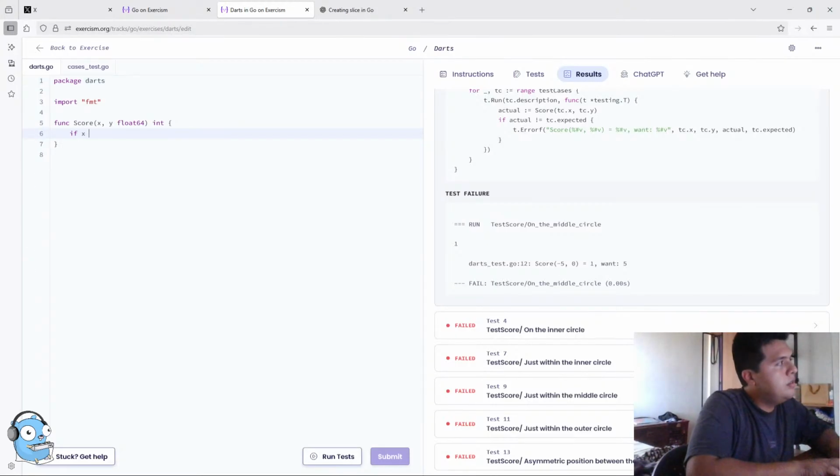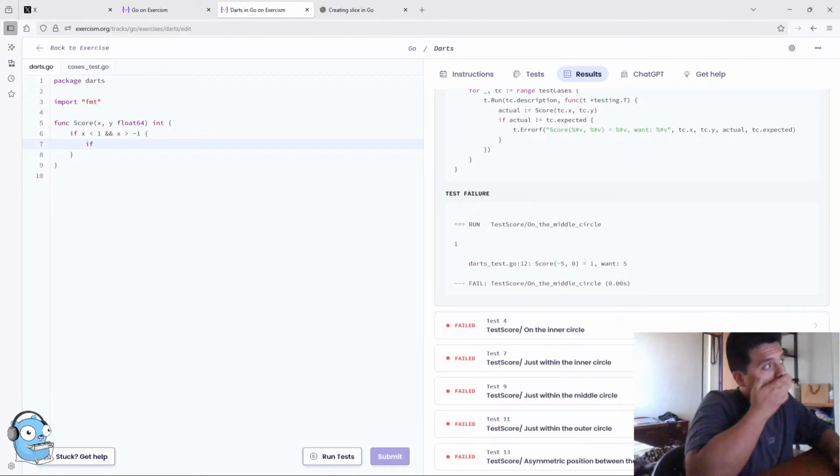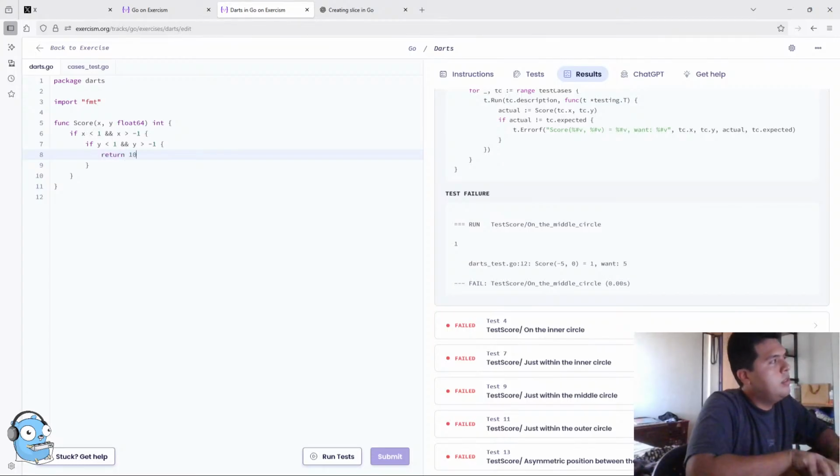If x is less than 1 and x is more than -1, if y is less than 1 and y is more than -1, return 10, else let's see, if y is less than 5 and y is greater than -5, return 5.